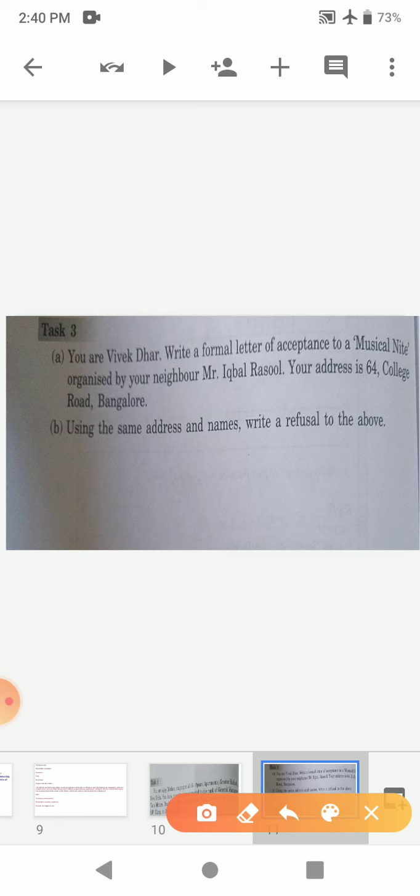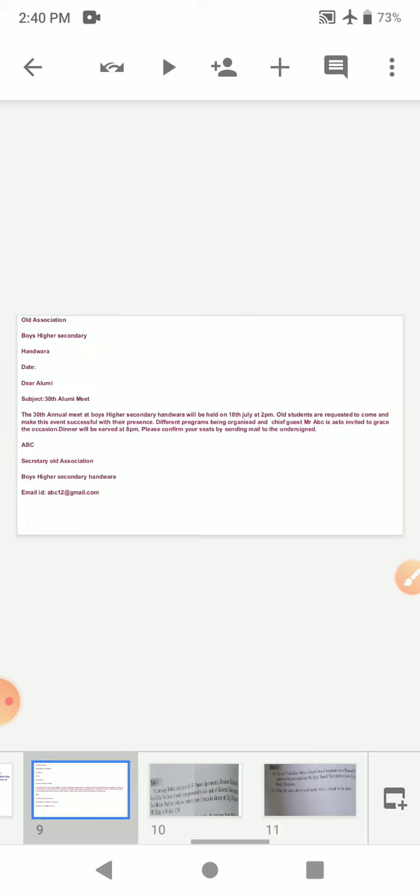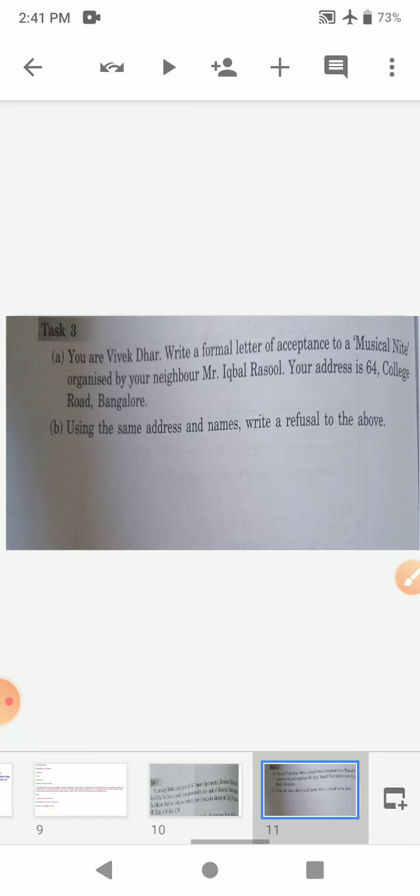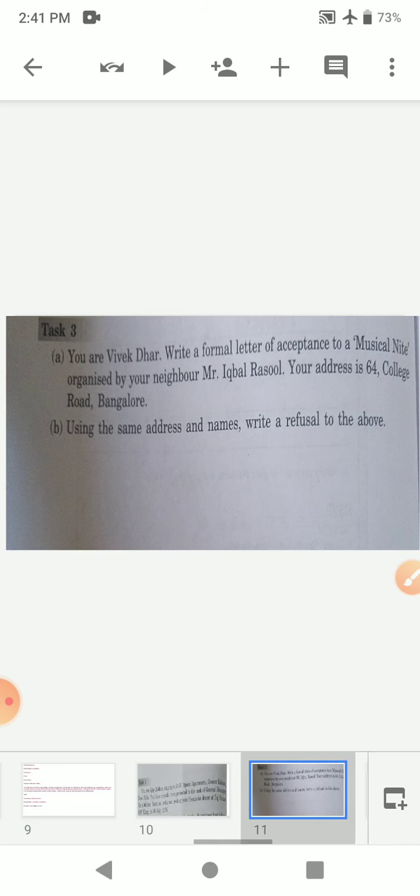And then you have to draft another reply, where you are supposed to mention the reason why you are not coming there. So you will write in the same way. You will mention the date, the address, the salutation, the subject, and then you will mention the reason why you are not able to attend that party.